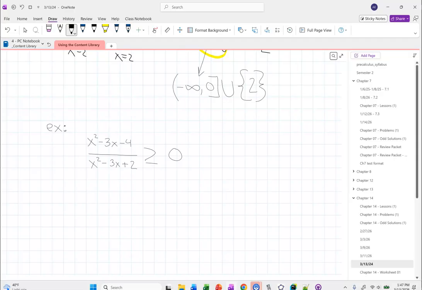Okay, what do I need to start by doing? Factor top and bottom, because my goal is to find the zeros and the places where this is undefined, right? How does x squared minus 3x minus 4 factor?